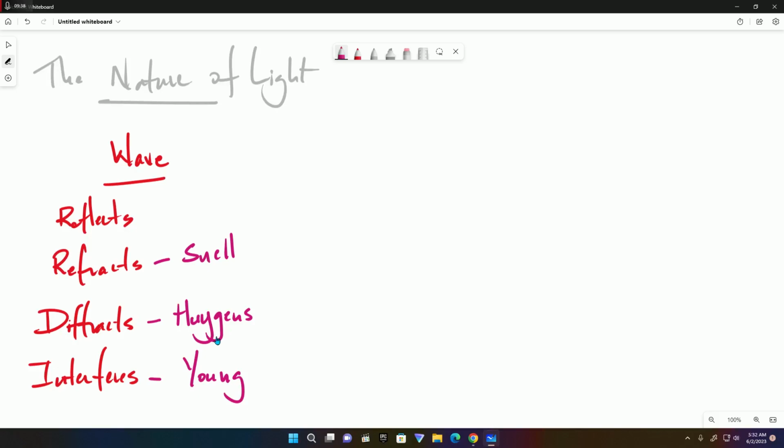Now, on the other side of the fence, we have other folk who believe light is different. They believe light is actually made up of particles. These particles are called photons. They believe light is a stream of photons. The first person to propose this was Newton.